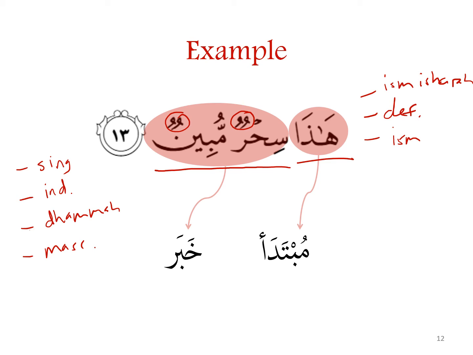So the fact that we have two nouns next to each other with these four things matching means that it's a mawsoof sifa phrase, acting as a single unit as the khabar.